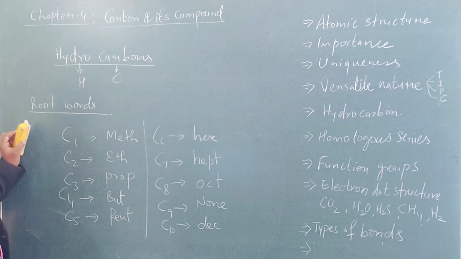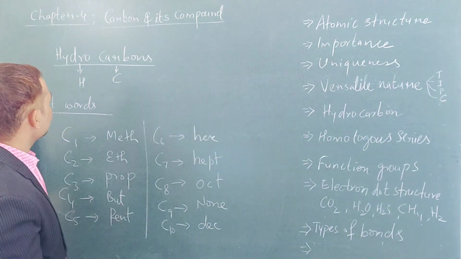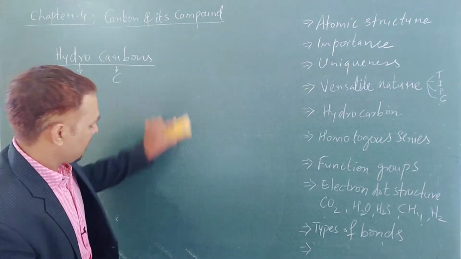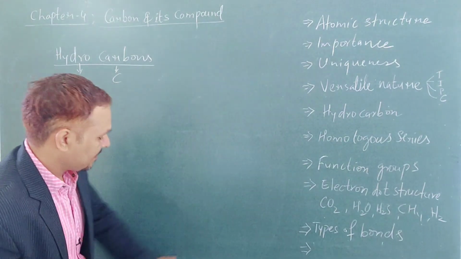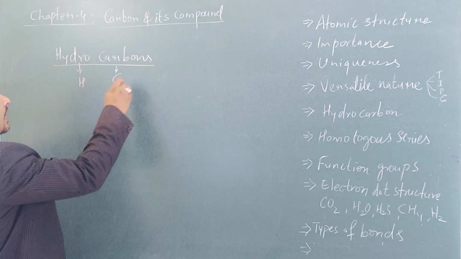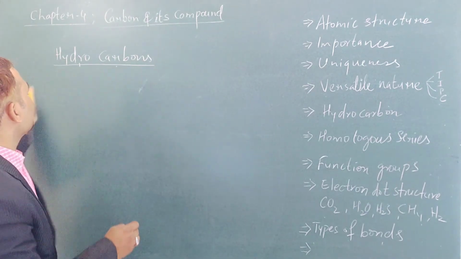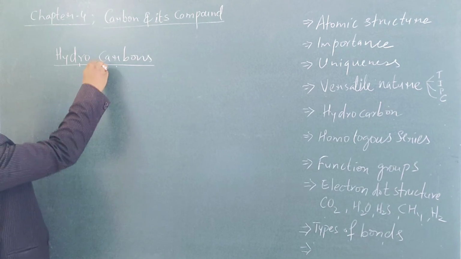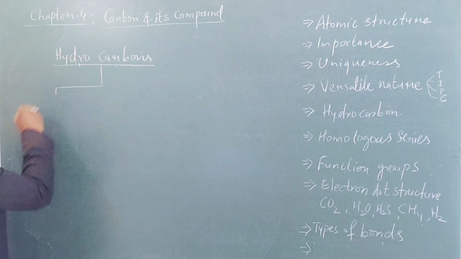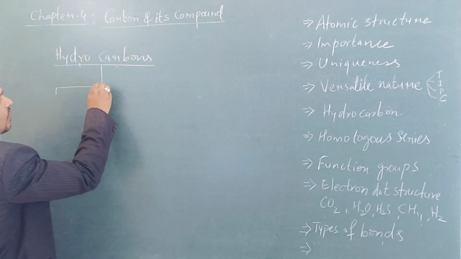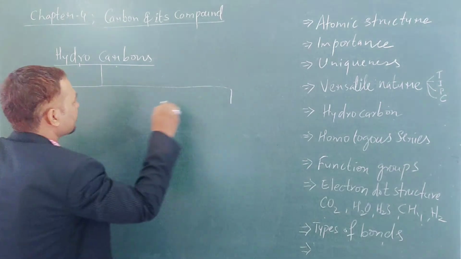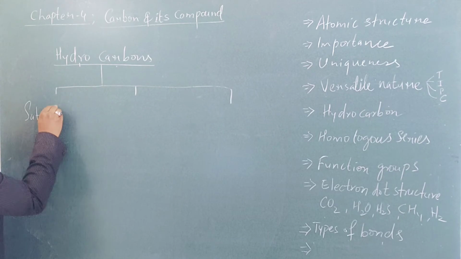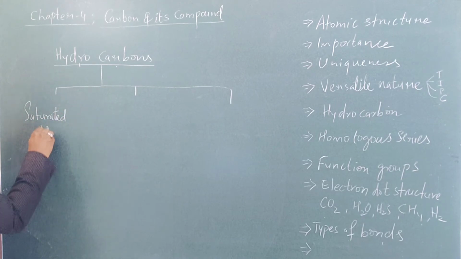Now the next thing is, if you look into the classification of hydrocarbon, they are mainly 2 types, or you can say 3 types. The first one is saturated hydrocarbon.